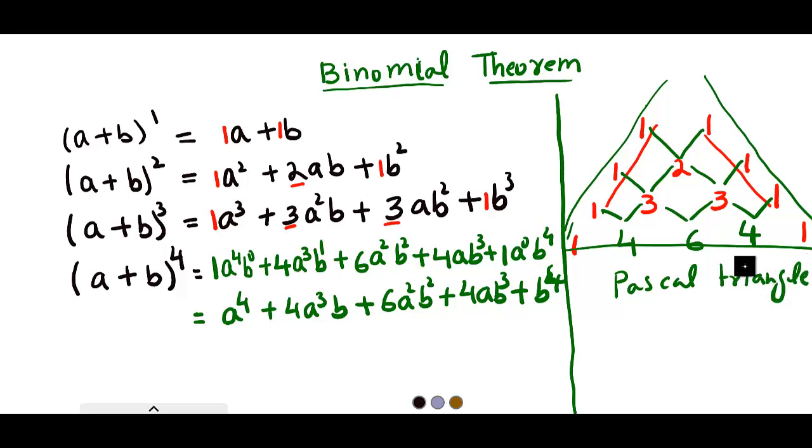So using this pattern, first find the coefficients of A plus B power 5, and then write down the expansion of A plus B power 5. So it's your turn to simplify A plus B power 5.